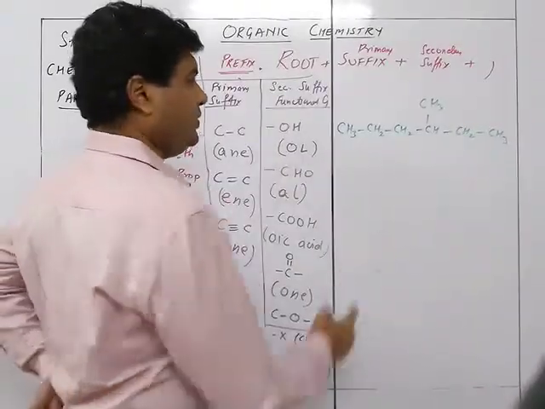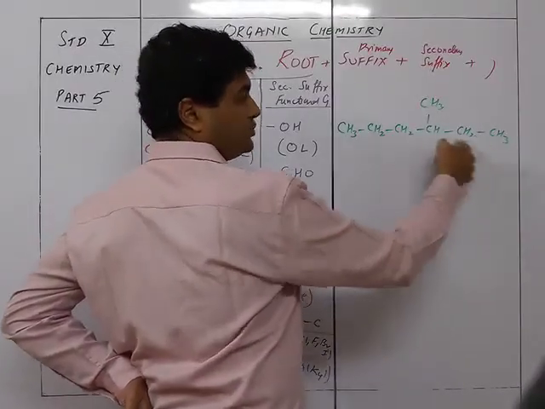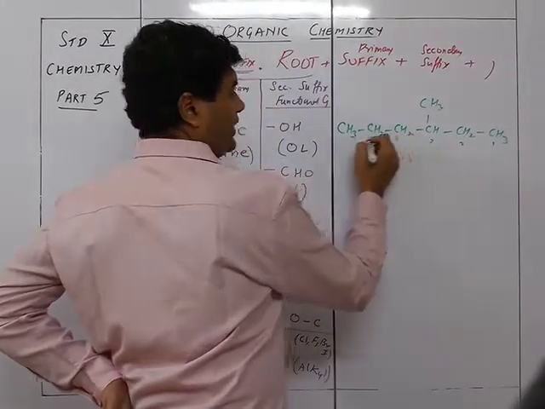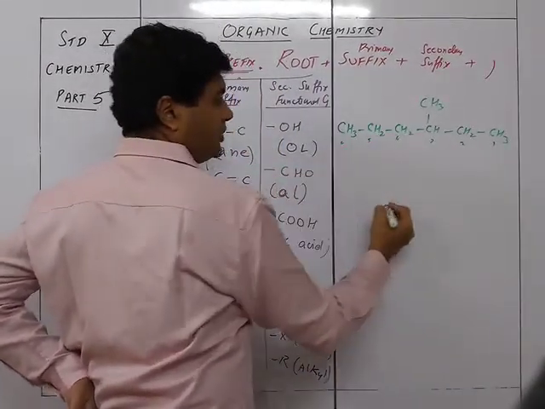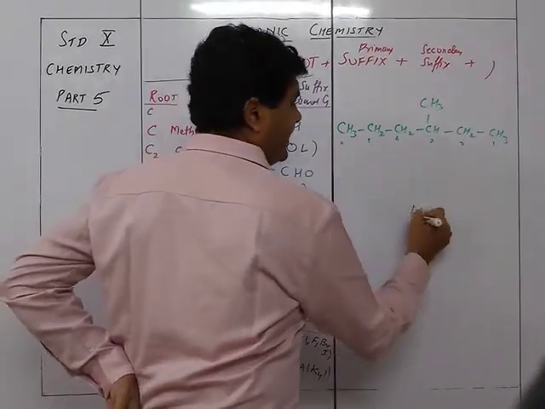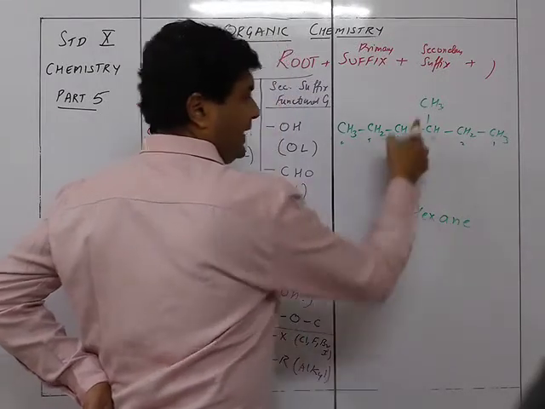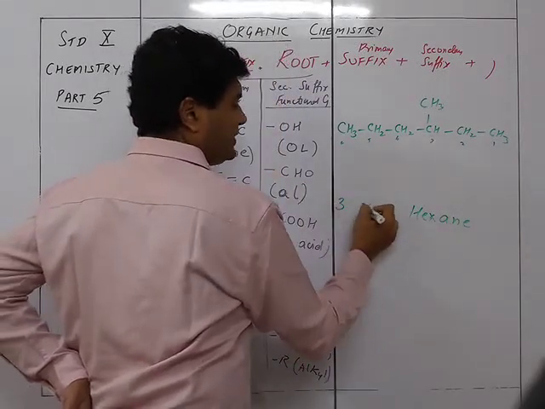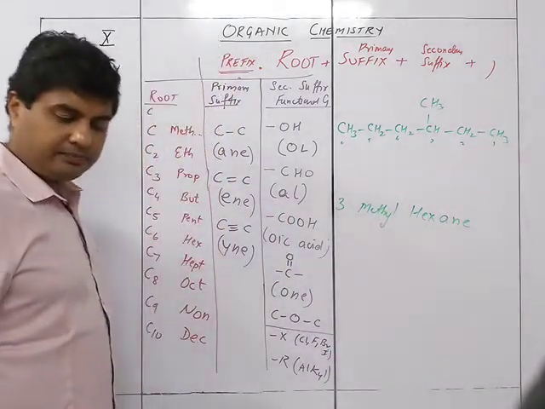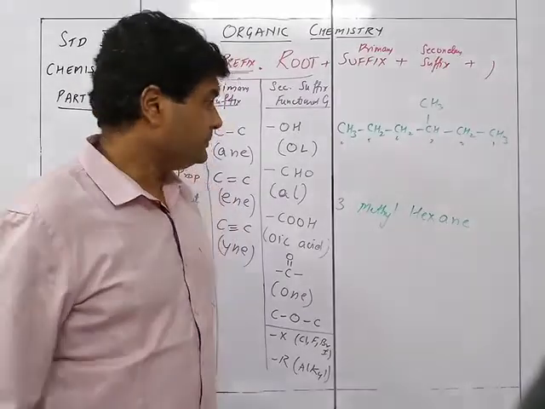Again the same way, I cannot start from 1, 2, 3, 4 here, it has to be from here because of the smallest number. So it will be 1, 2, 3, 4, 5, 6. 6 is the number, so it will be hex. Hex, all single bond, so ane, but at 3 you have got methyl, so it is 3-methyl hexane. Okay, this is 3-methyl hexane.